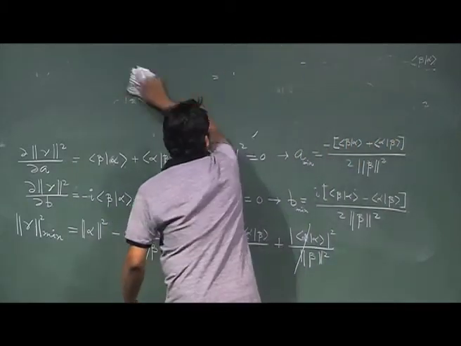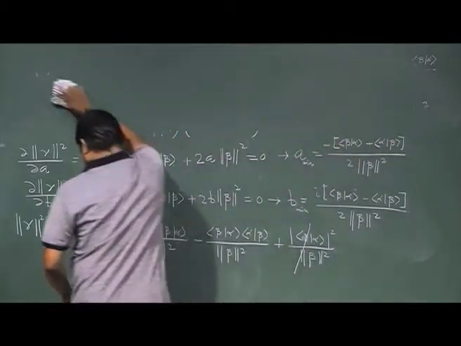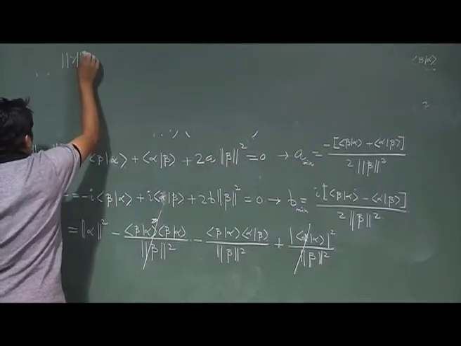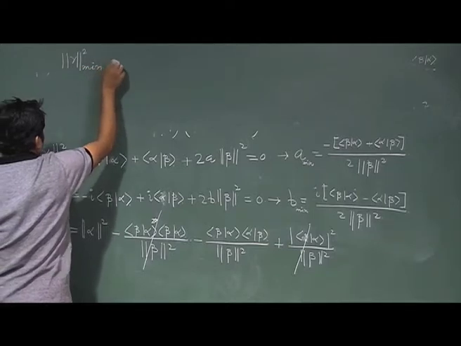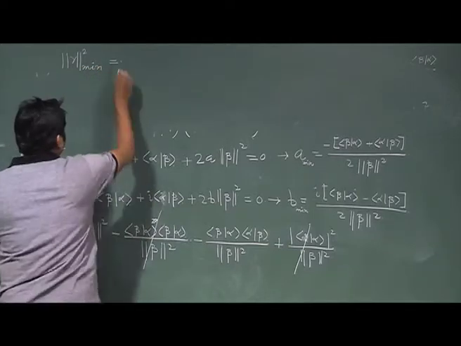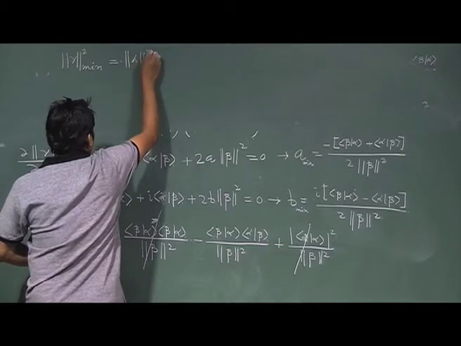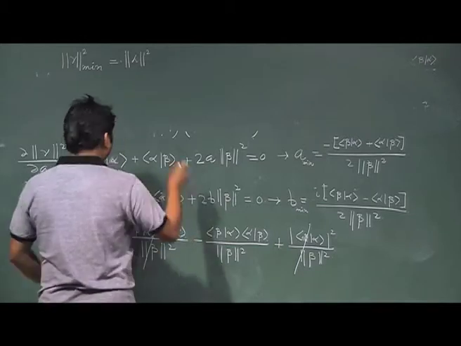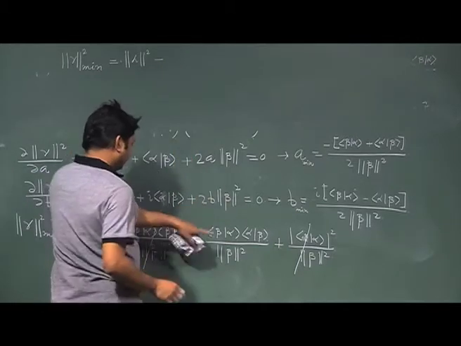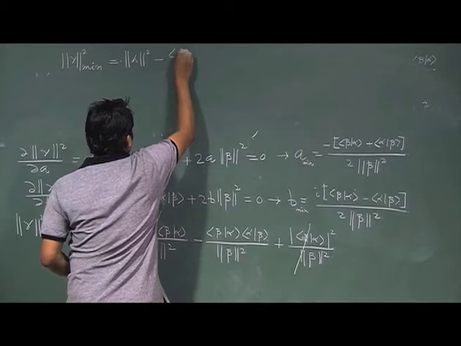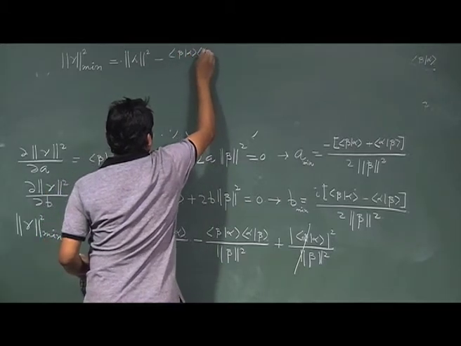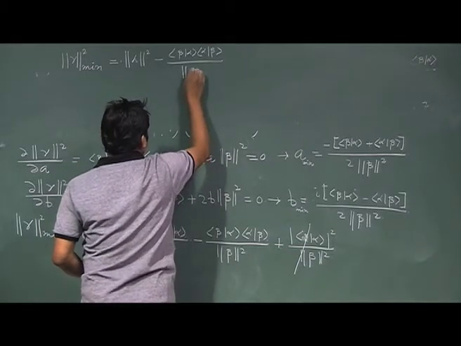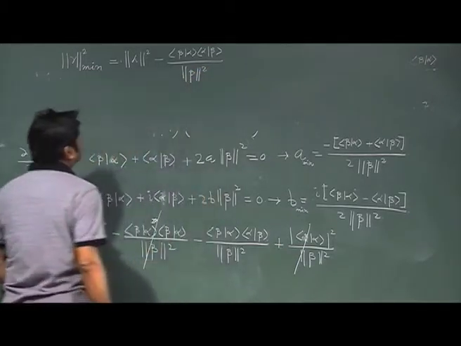So, quickly let me show what I am getting: gamma square minimum is equal to alpha square minus this quantity, which is beta alpha multiplied by alpha beta, divided by mod of norm of this square.